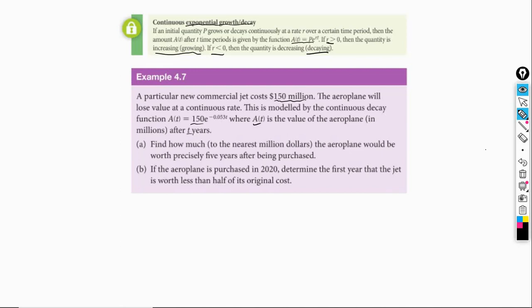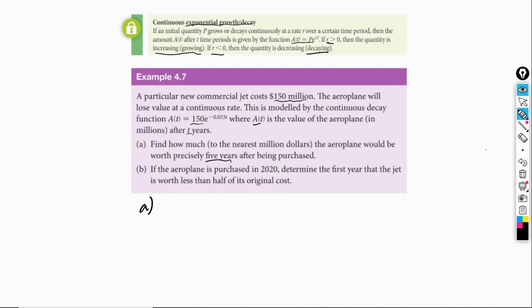Part A, find how much to the nearest $1 million the aeroplane will be worth precisely 5 years after being purchased. So that just means substituting 5 for t into the formula.